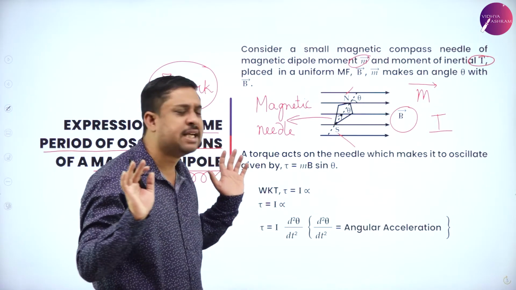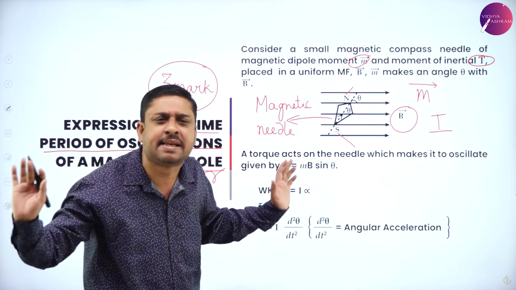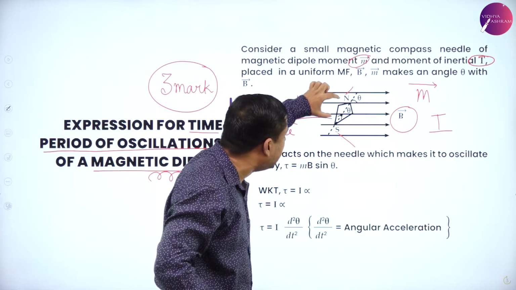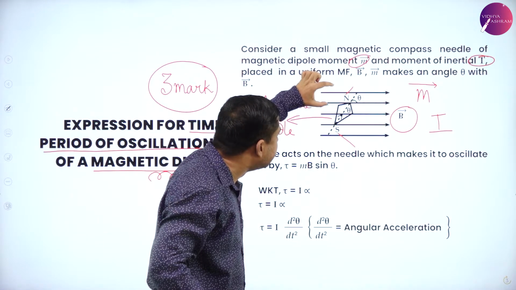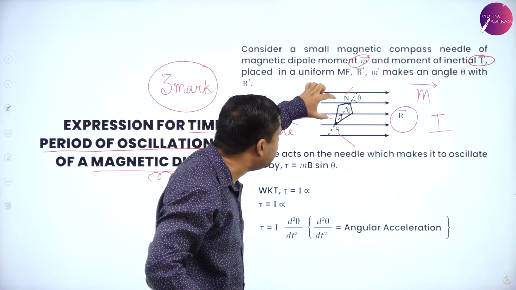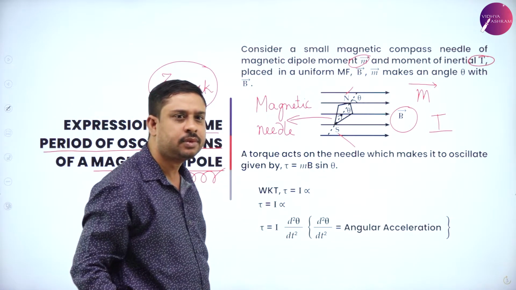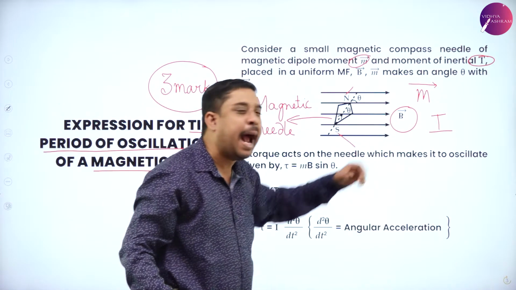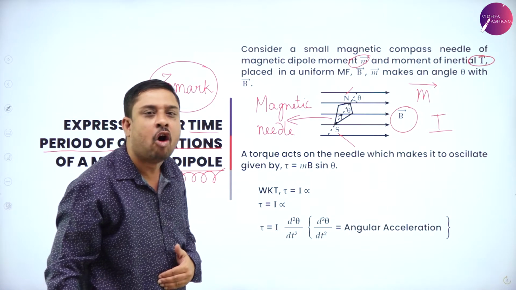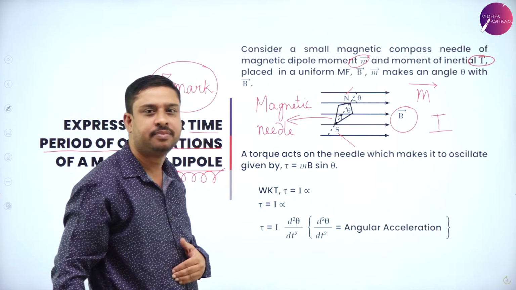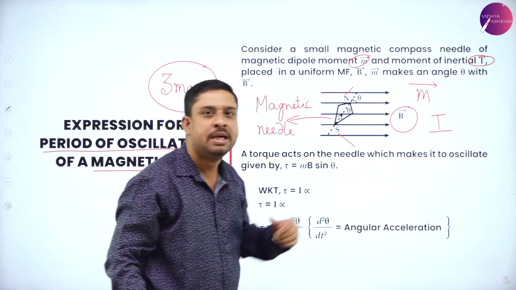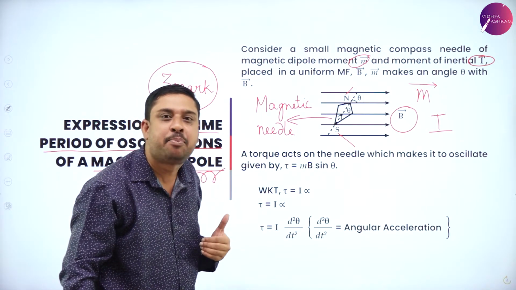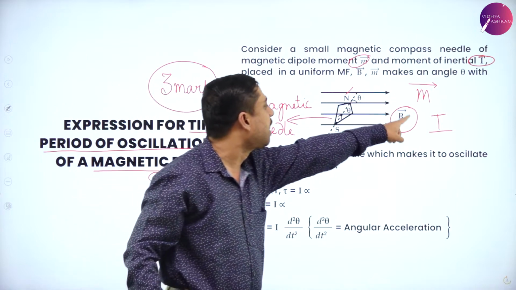So my considerations are pretty simple here. Observe students, this is the magnetic needle which is placed in a magnetic field of strength B. M is the magnetic dipole moment.